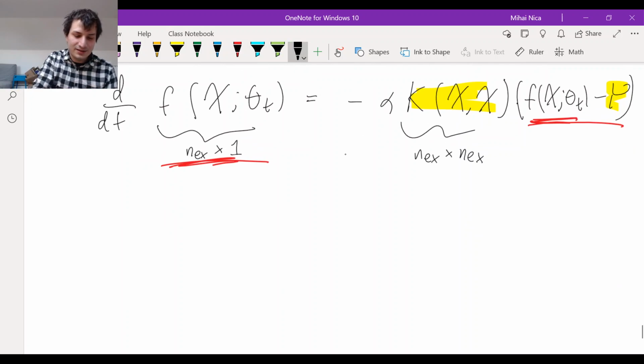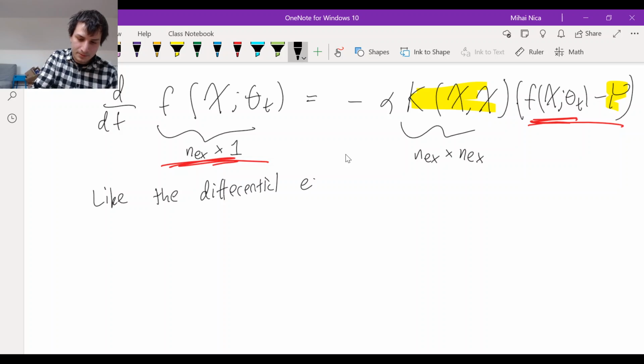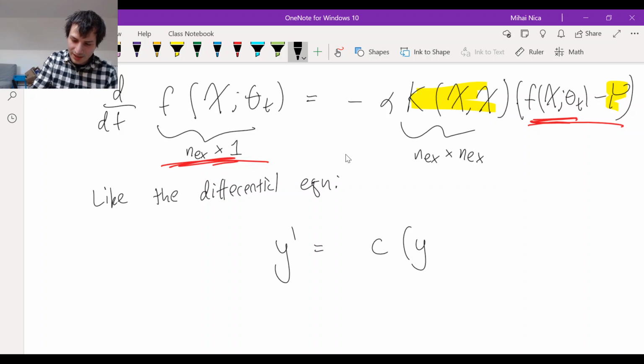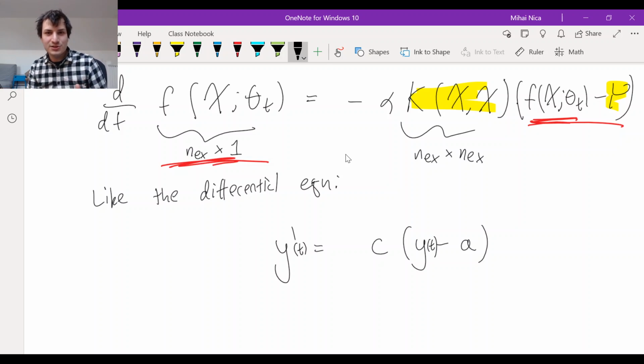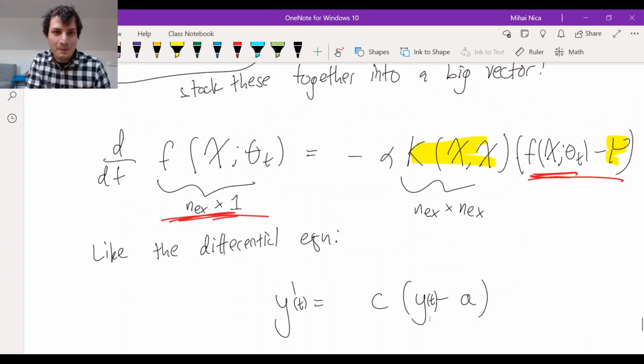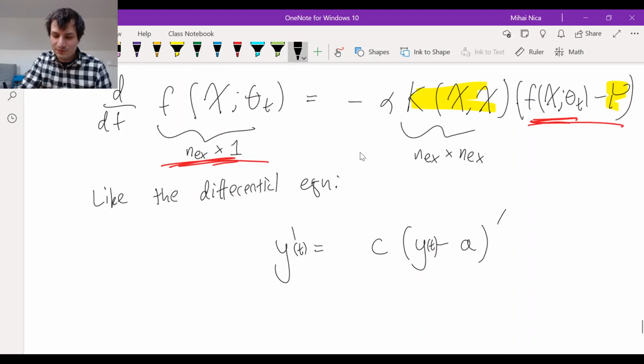And so you should think of this like the differential equation y prime is equal to c times y minus a, where y is an unknown function we're trying to solve for. So if you took a course on differential equations, what we have here is the matrix vector version of this differential equation, which is just the derivative of y is a constant times y minus a.